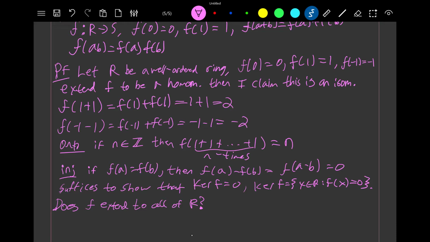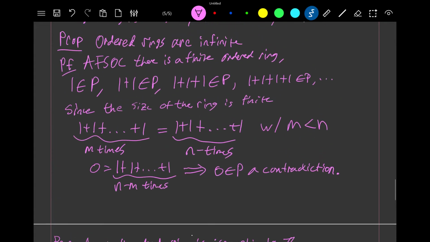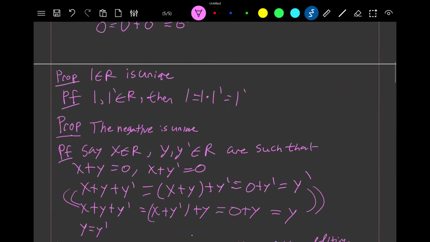Say we have some element. Okay, so I think this all depends on something a little bit different.